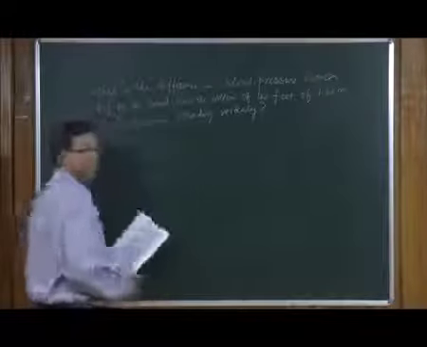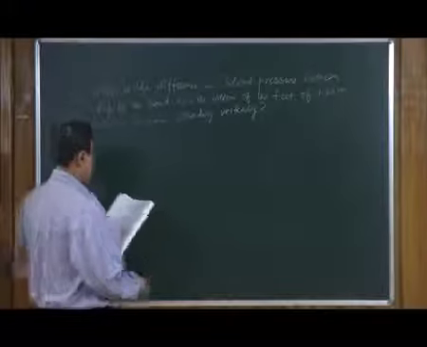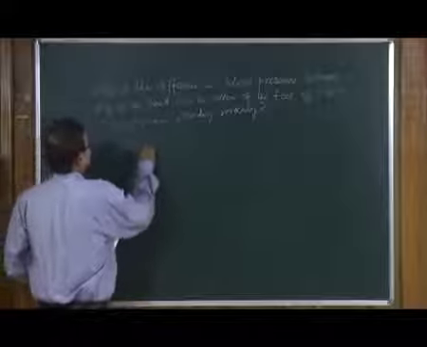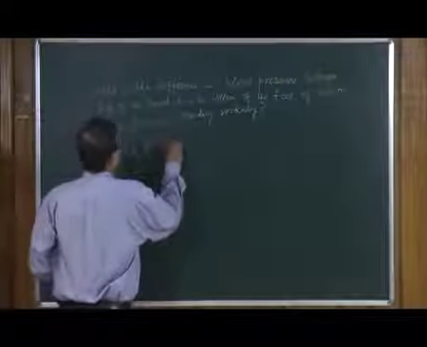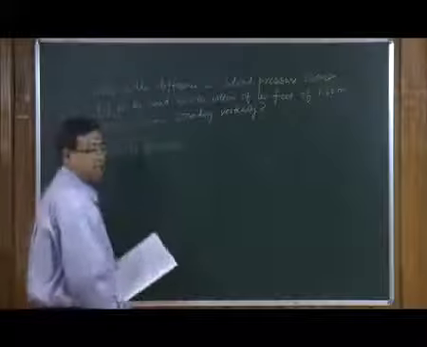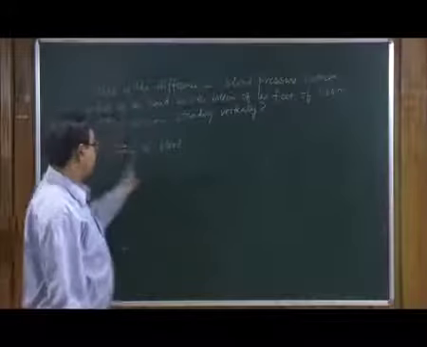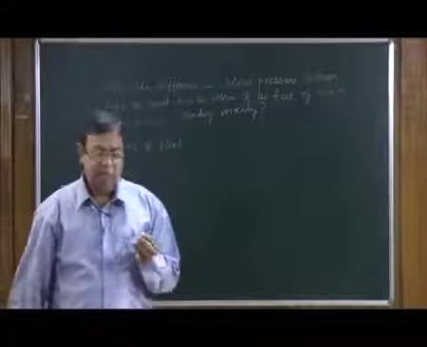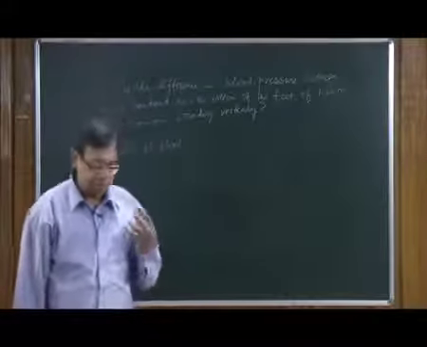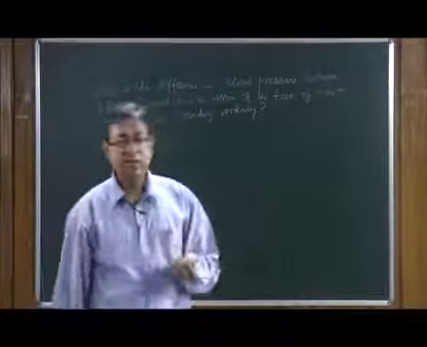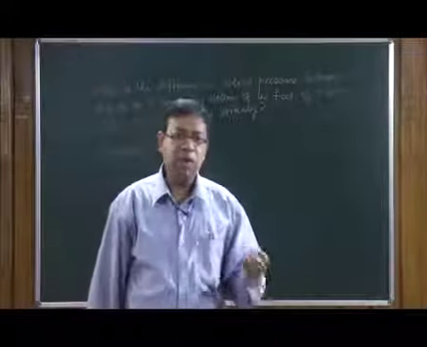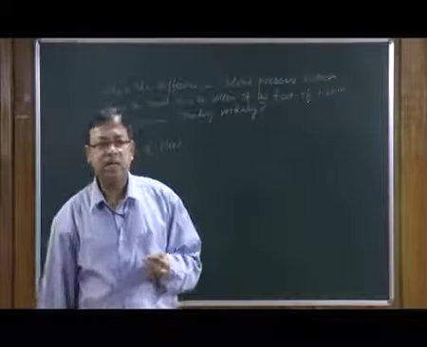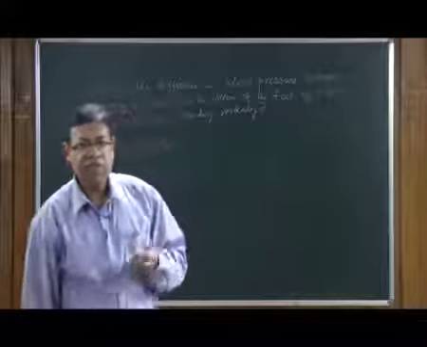Now, the input that needs to be given in this case is the density of blood, and just keep in mind that this density of blood that I am going to give you is actually the average density of blood, because the blood consists of the blood plasma, which has a little less density as compared to the other cells that make up the blood, which have a little more density.